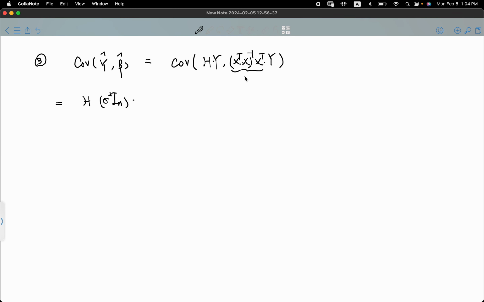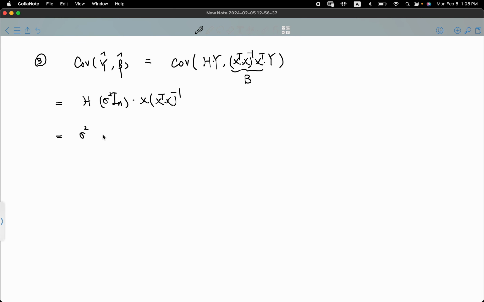This matrix, let's denote as B. We need the B transpose here, so I'm going to write X transpose transpose, which is just X itself, and then X transpose X inverse. This is symmetric, so the transpose of this entire inverse is also just itself.